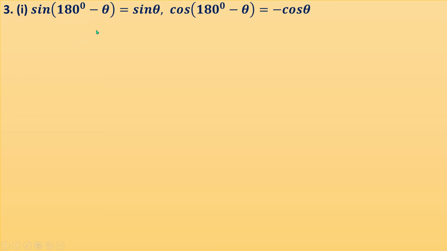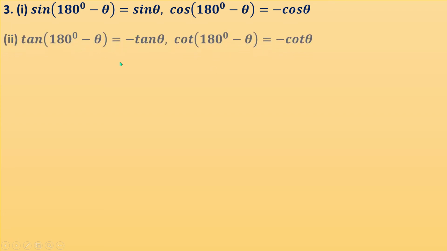Here also 2. If the number of right angle is even, then the ratio will be unchanged. That means sine will be sine, cos will be cos. But 180 degree minus something means second quadrant, where sine and cosec are positive, so here will be plus. But cos of 180 degree minus theta equal to minus cos theta. We know this relation, okay?